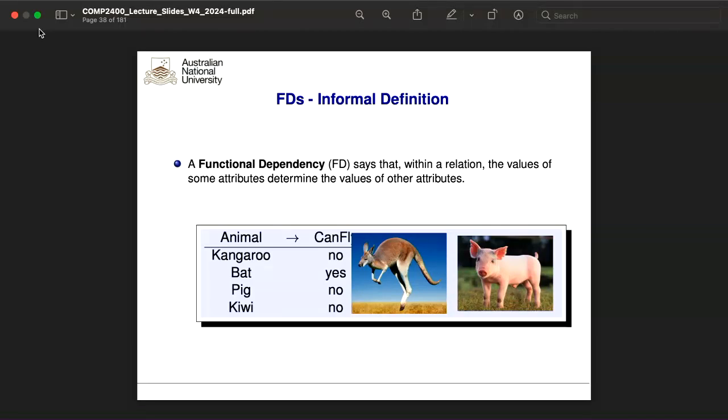That's the informal definition. Like here, if we know kangaroo, whether kangaroo can fly, no. Whether kiwi can fly, no. So basically the values of some columns determine the values of other columns. That's it.